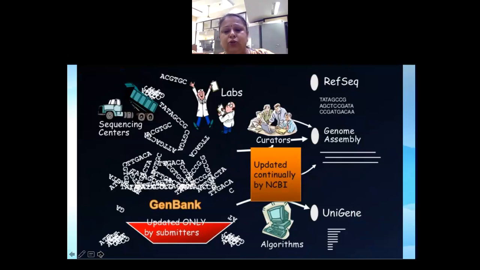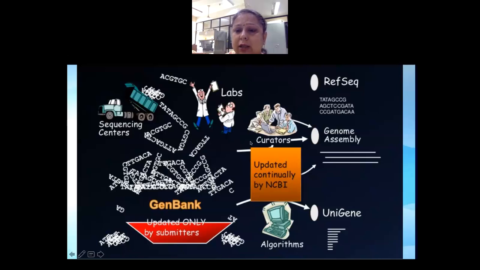So here we are showing you a figure in which you have a lot of biological data. There are a lot of genome sequences, and there are sequencing centers that keep sequencing the genome.